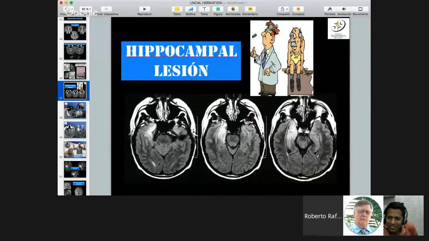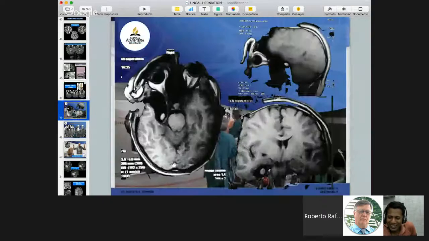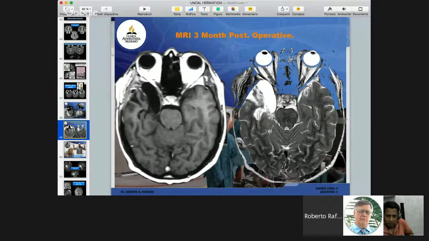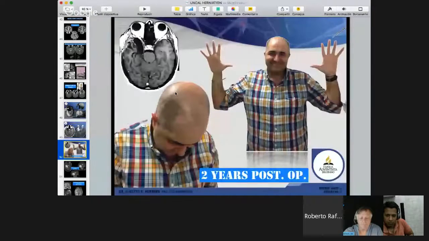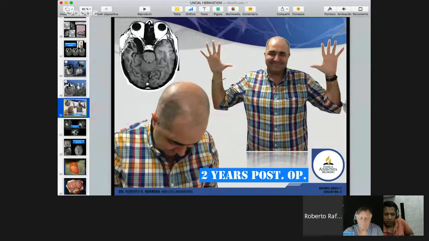The patient had refractory temporal epilepsy. We operated with intraoperative MRI. Here we put a mark to prove the complete resection of the hippocampus. And this is the MRI 3 months postoperative with complete resection of the hippocampus. And this is the patient 2 years post-op, in very good condition, with very good control of seizures.